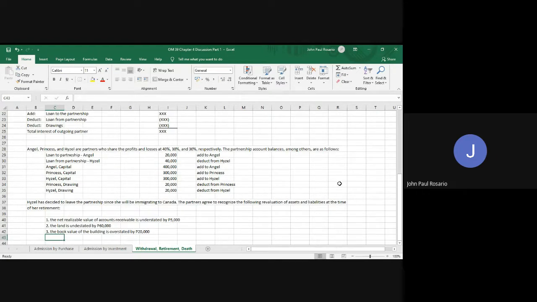Four, the accrued expenses of 4,000 are recognized.